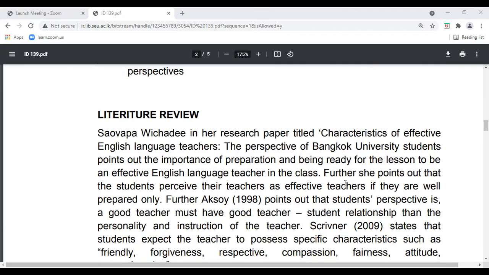Further, she points out that students perceive their teachers as effective only if they are well prepared. Further, Axel points out that, in the students' perspective, a good teacher must have a good teacher-student relationship more than personality and instruction.